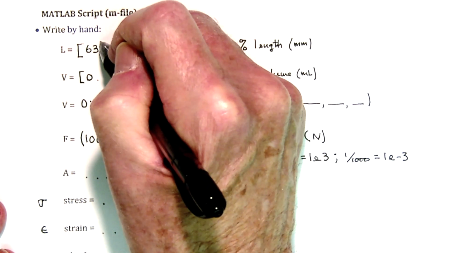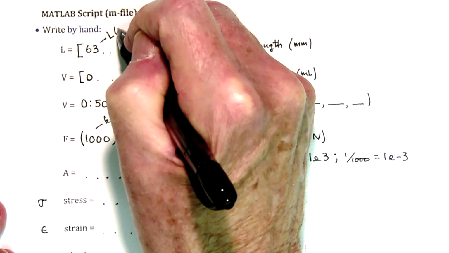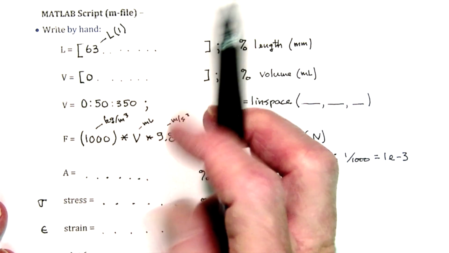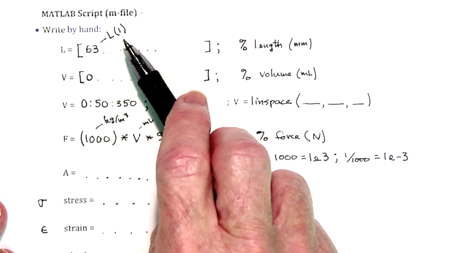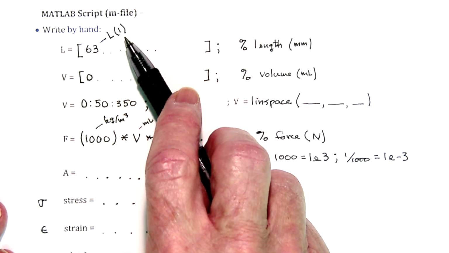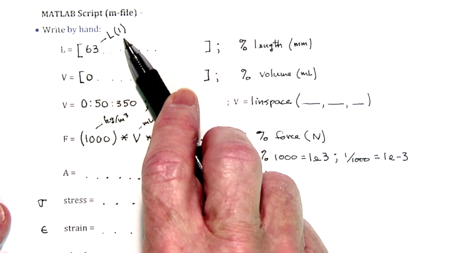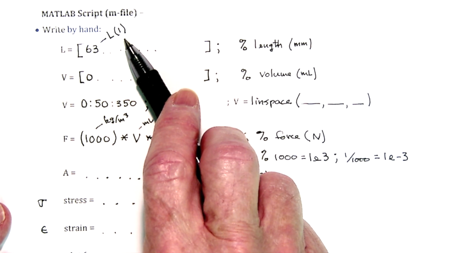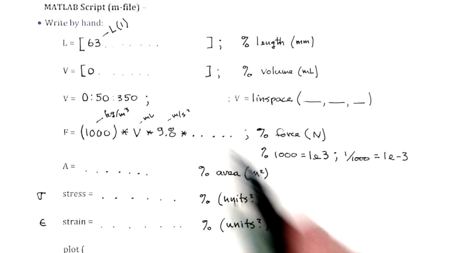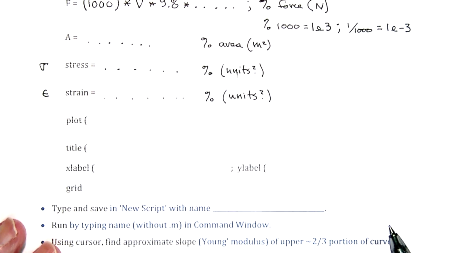Let's let MATLAB find that first value of length, and MATLAB calls that L parentheses 1, the very first value of length. Now, even though the textbook called it L sub 0, MATLAB does not allow 0 to be an index number. It always starts with 1 as opposed to Python and C++. So the very first value of L is L parentheses 1, and to be elegant, you could put that into your equation for strain.